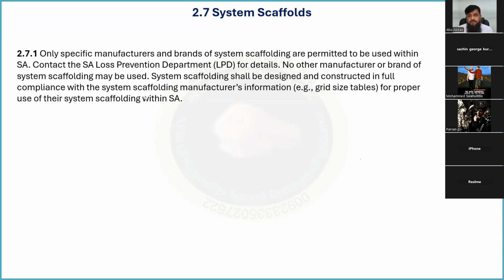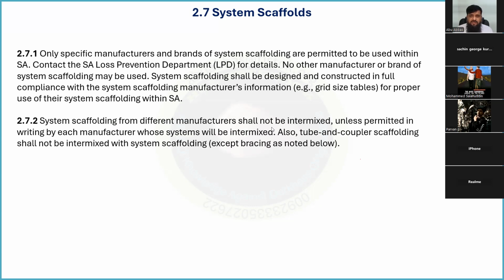Still, if it is up to a standard, after obtaining approval, other scaffolds can be used. System scaffold from different manufacturers shall not be intermixed unless permitted in writing by each manufacturer whose system will be intermixed.